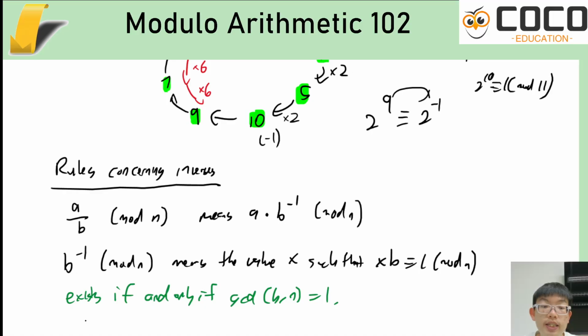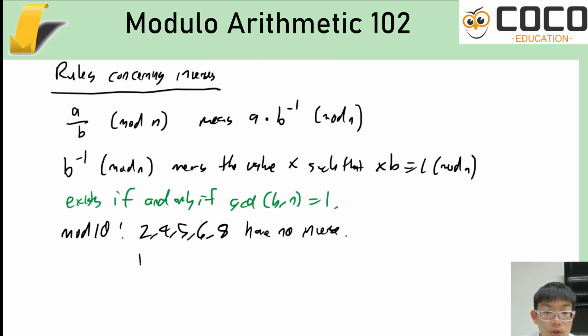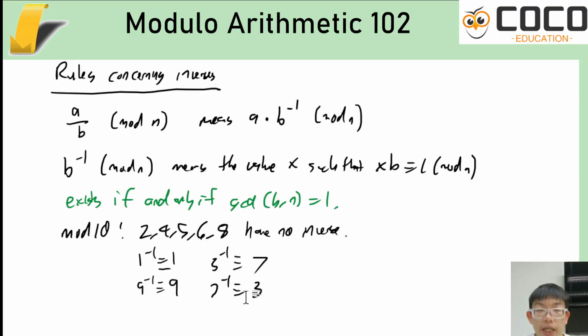If, however, I'm working in mod 10, I know that 2, 4, 5, 6, 8 all have no inverse. And 1 is its own inverse, 9 is also its own inverse, and 3 and 7 are inverses of each other because 3 times 7 is 1 mod 10.